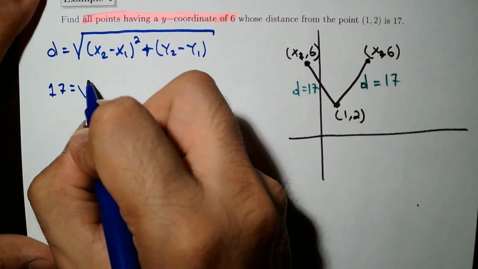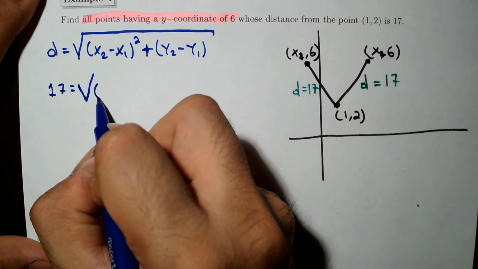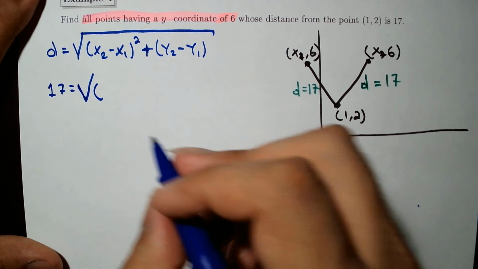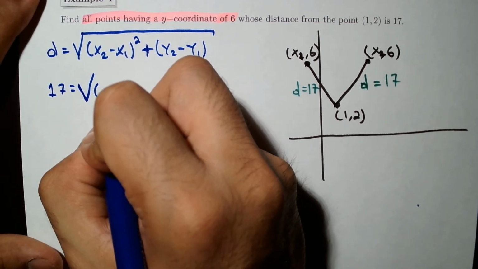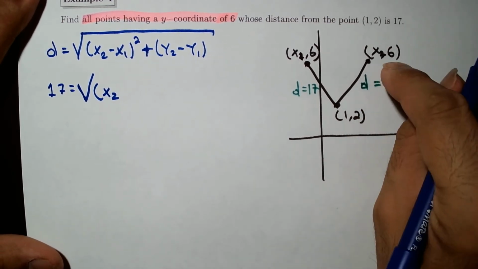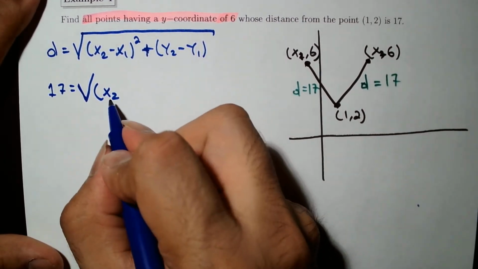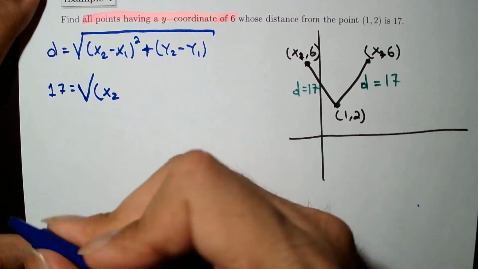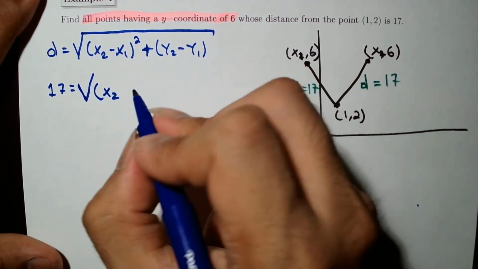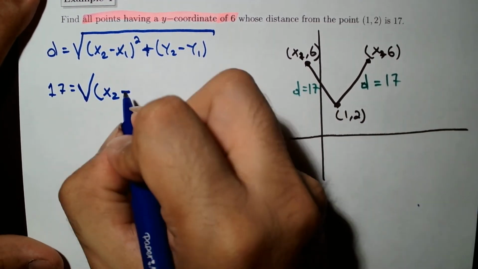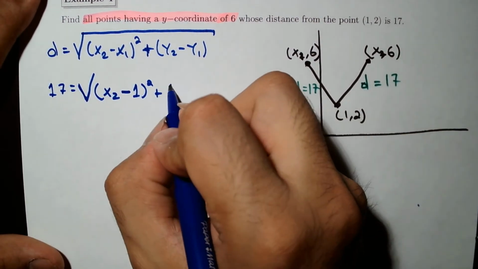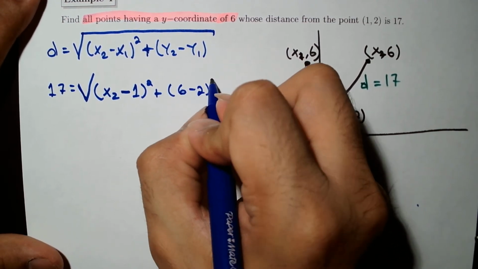And x2 minus x1, let me just call it x2 because that's the one I use for this label. Ultimately we are going to come up with 2 separate answers, so I will change this symbol in the next step. Minus x1, which is 1, quantity squared, plus y2, which is 6, minus 2, quantity squared.